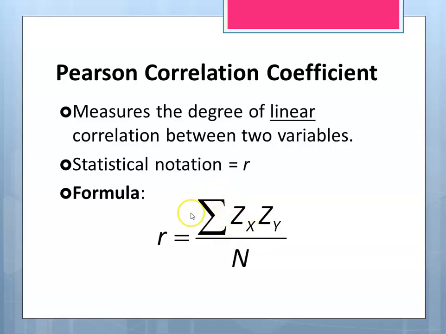Then we also need to sum it all up to a single number, so we add them together. And finally, to take into account sample size, we divide by n. If the description of the formula sounds familiar, it should. That is the logic behind a correlation, which we reviewed earlier. So, are you ready to calculate your first Pearson correlation?